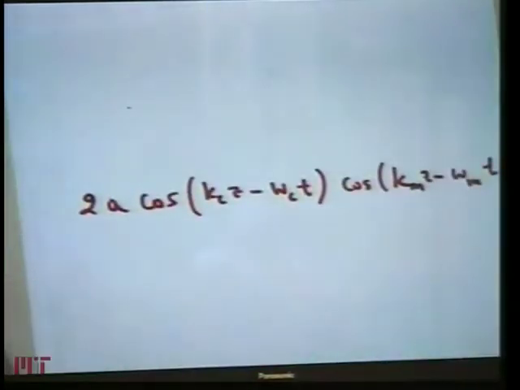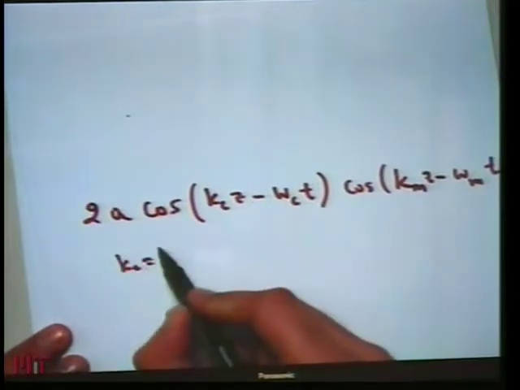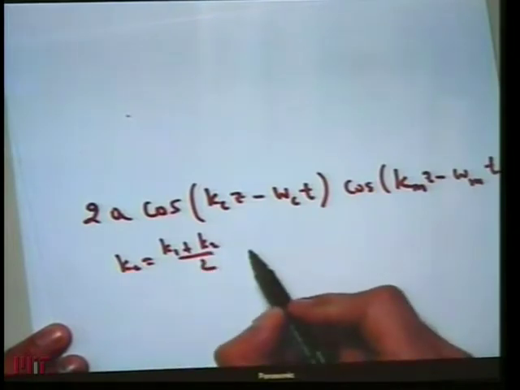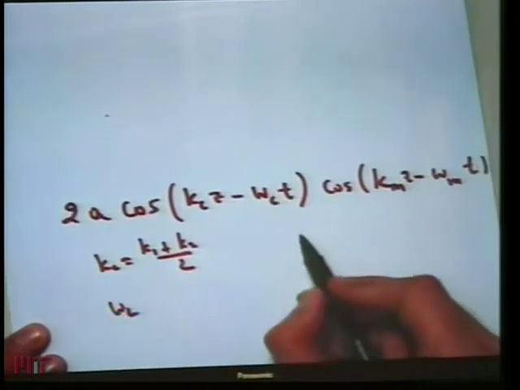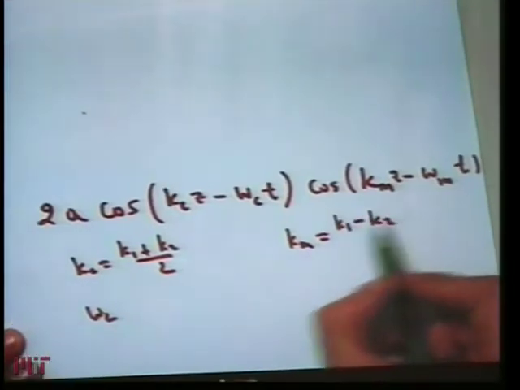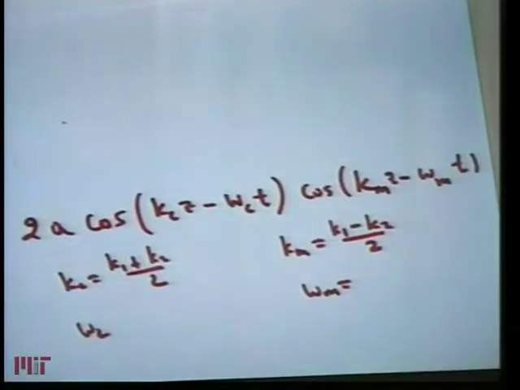Okay, where Kc equals K1 plus K2 over 2, and the same for omega c, and Km equals K1 minus K2 over 2. So one of them is the average, the other is the difference.